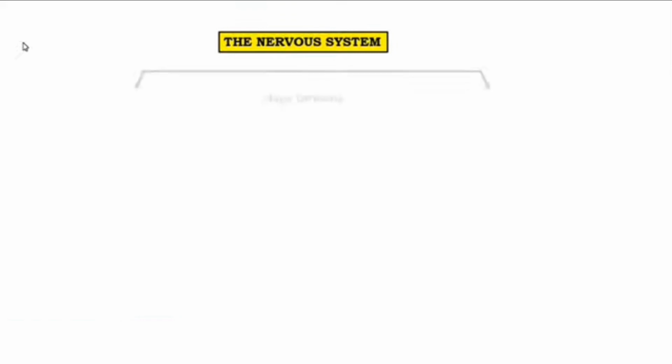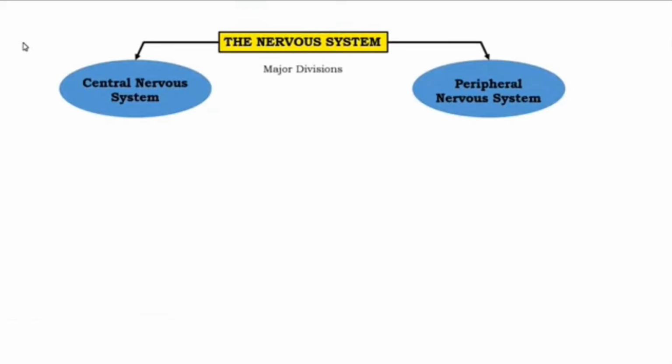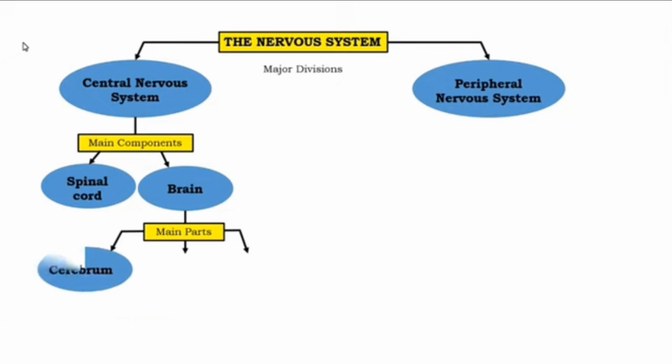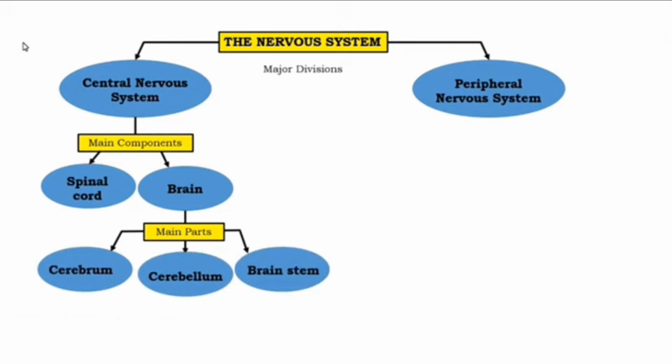The nervous system is divided into two major divisions: the central nervous system and the peripheral nervous system. The central nervous system is made up of two components: the spinal cord and the brain. The brain is divided into three main parts: the cerebrum, the cerebellum, and the brainstem.